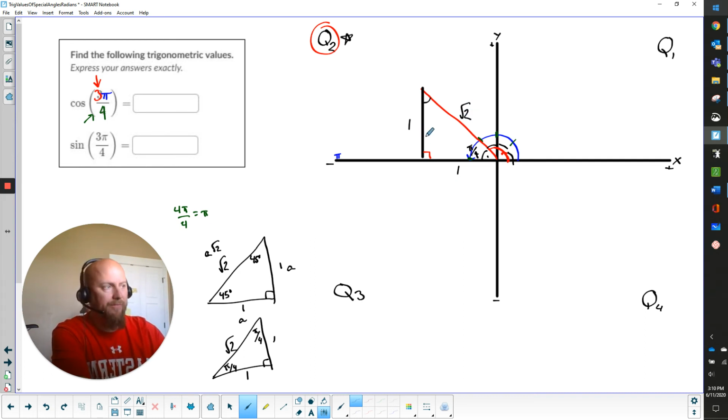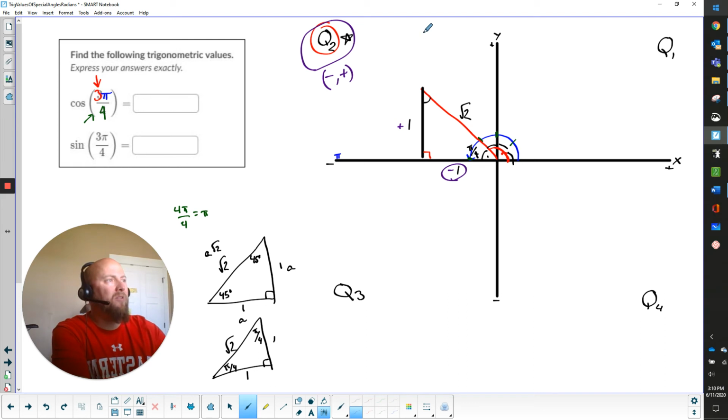Isn't that slick? The thing you have to remember, I think I'll go to purple for this part, is because we're in quadrant 2, I know that the x's are negative and the y's are positive. Okay? Again, to the left here is negative. So I got to make this adjacent edge negative, and I'm going to leave this one as a positive.